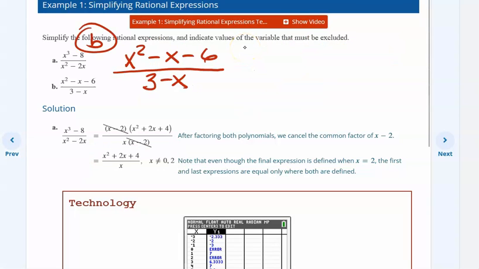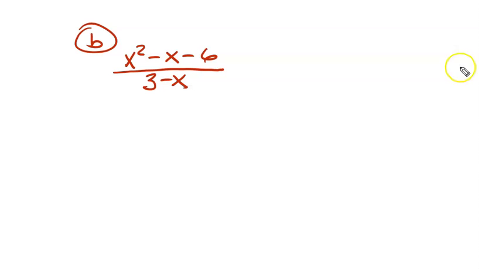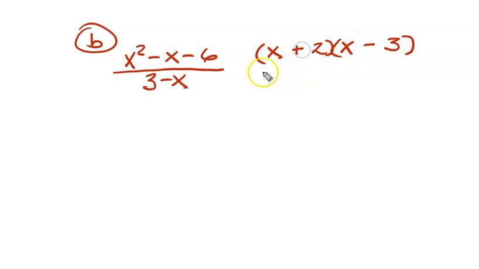Now, in example B, we've copied it correctly. Let's go to the whiteboard. We want to factor our numerator. Generally, these aren't too difficult to factor. Need a negative in the middle, so this will be a negative. This will be a plus.